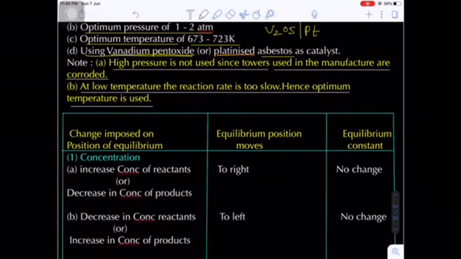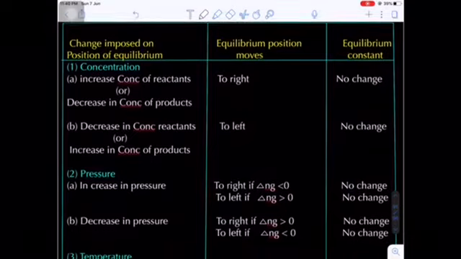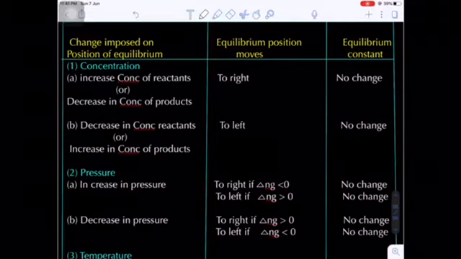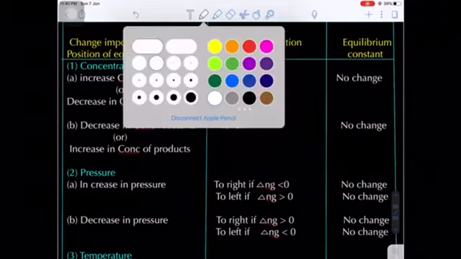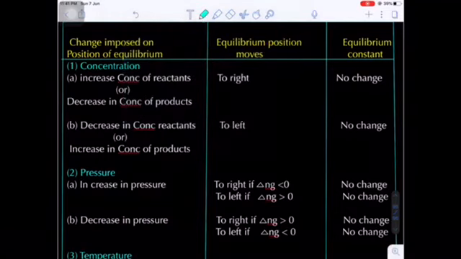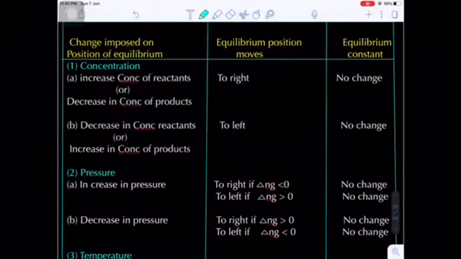Okay. Now here I am giving the detailed explanation of the Le Chatelier principle. What is the factor we are changing, what is the effect on the position of equilibrium, and is there any change in the equilibrium constant value? This is a very important tabular form. Let's go through this table. Number one, concentration.